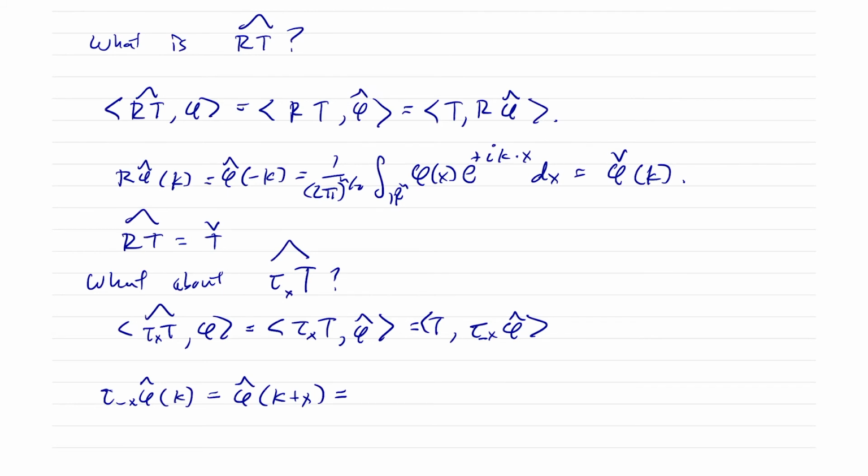And this is going to be 1 over 2 pi to the n over 2 times the integral over Rn of phi of y, picking another variable, times e to the minus i k plus x dot y dy. Let's clean that up.